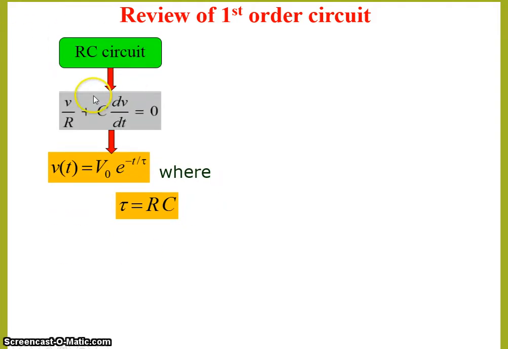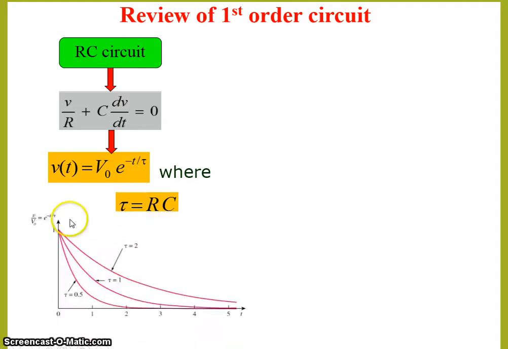By applying KVL to your RC circuit, we find the voltage given out by the capacitor, which is V of t is equal to V naught e power minus t by tau. V naught is the initial energy stored in your capacitor and tau is the time constant. All these you know well. The voltage given out by the capacitor is shown in this graph.